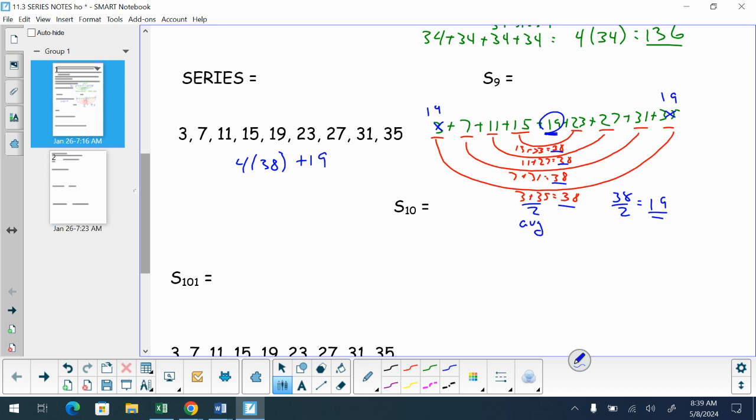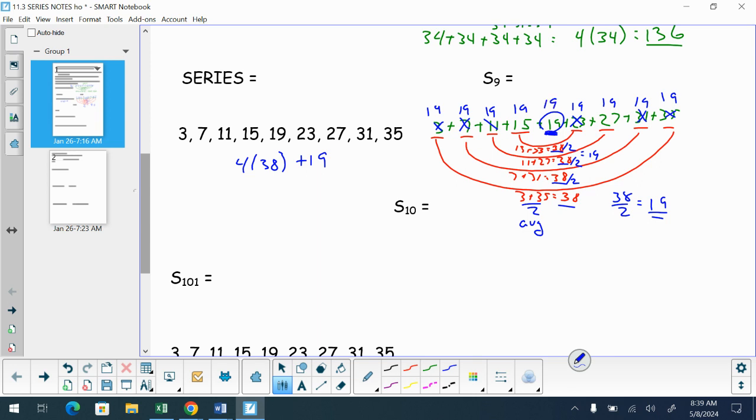Well, if I would take the average of the next two, I would get 19 again. So I would be able to replace this with 19 and replace this with 19. Well, if I divide the next set of numbers by 2, I get 19 again. So I can replace this with 19 and this with 19. Well, if I take the next set, divide by 2, I get 19 and 19. And then I have this value of 19 here.